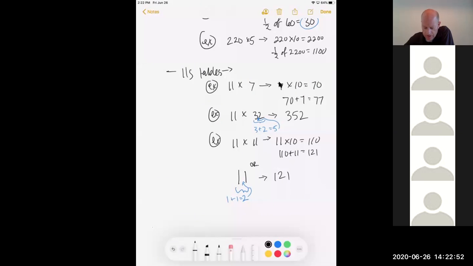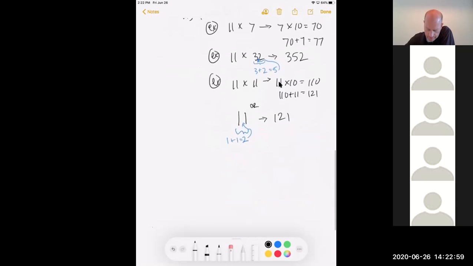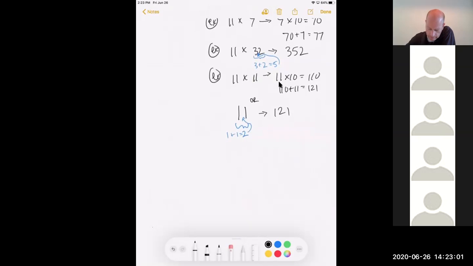Multiply double digits with 11, but only if their digit sum is less than 10. If you have a sum that's more than 10, like 11 times 66, you take the 66 and add the digits together. 6 plus 6 is 12.